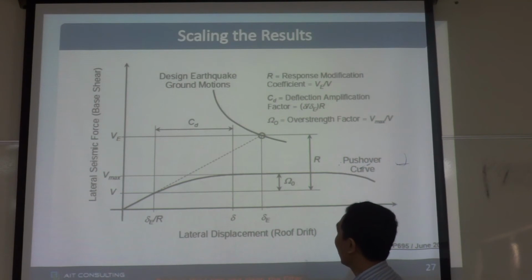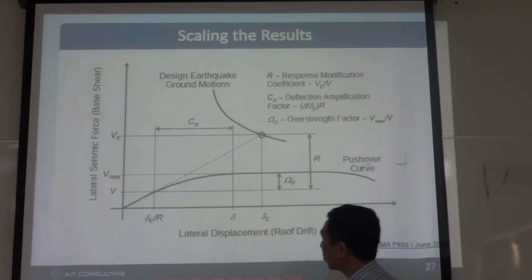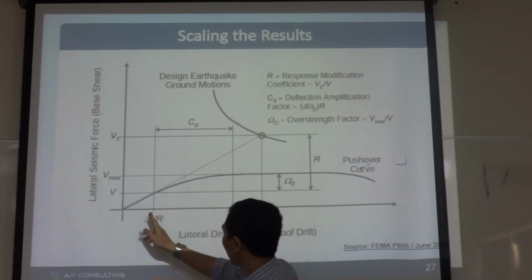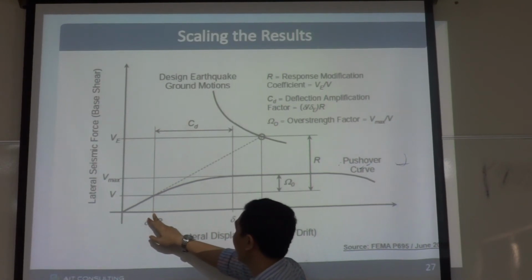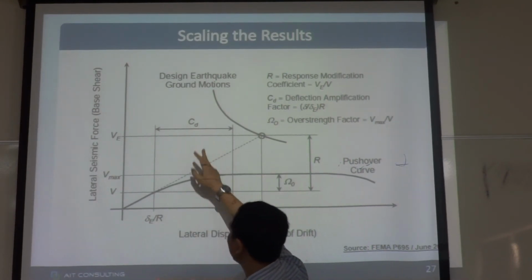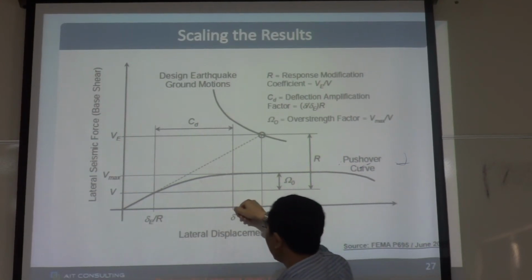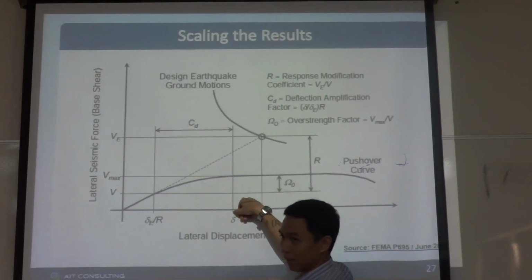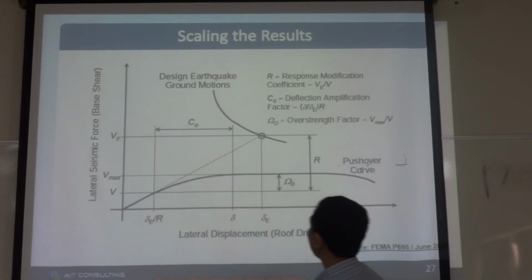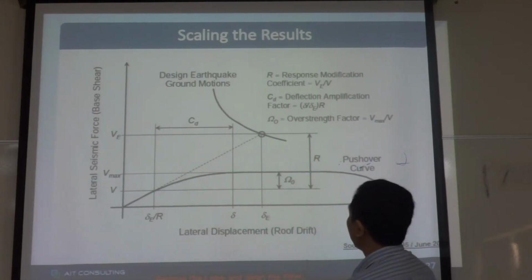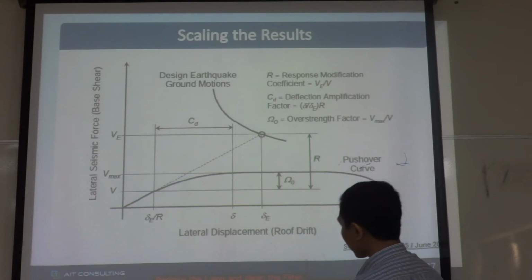So in ASCE, after you get this displacement, you have to multiply it by another coefficient, called Cd, to estimate the inelastic displacement of the building. This is the inelastic displacement.